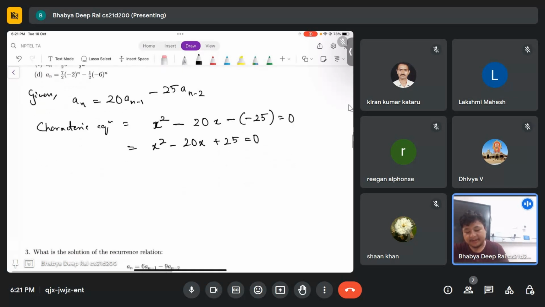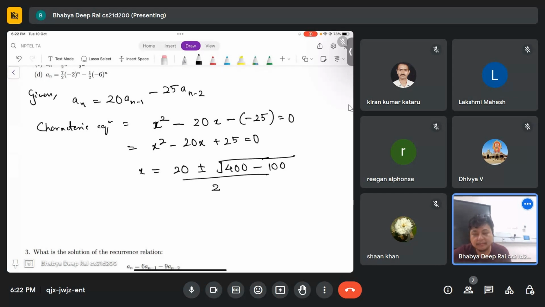Now, what are the roots? Can we find the roots? Well, x equals minus b plus minus root over b square, which is 400, minus 4ac. 4 times 25 is 100, right? Divided by 2a.